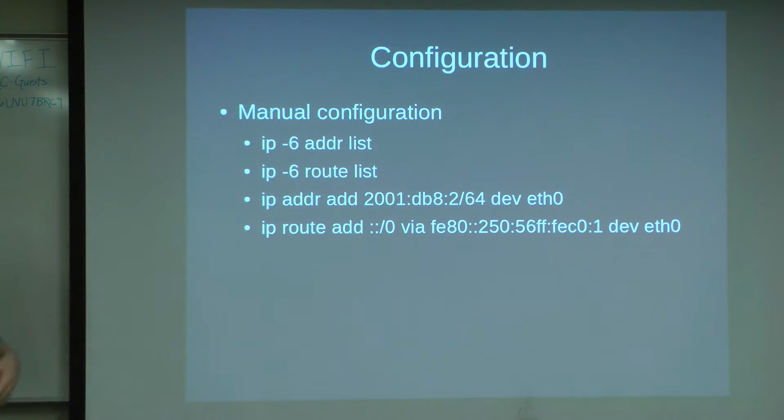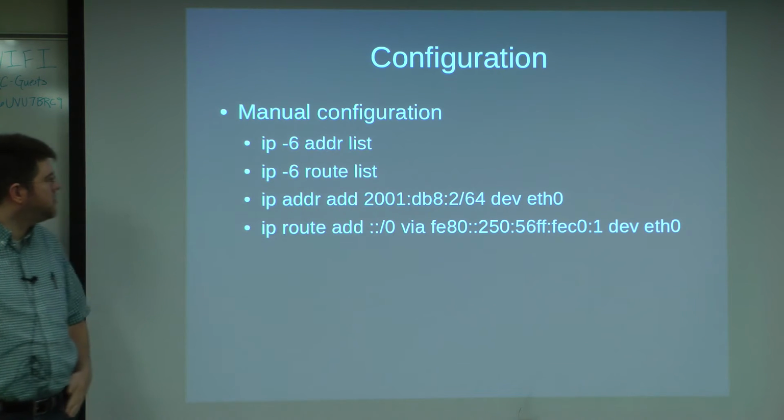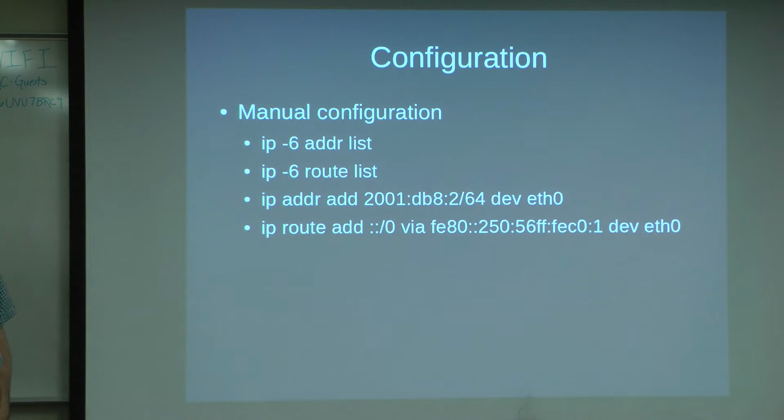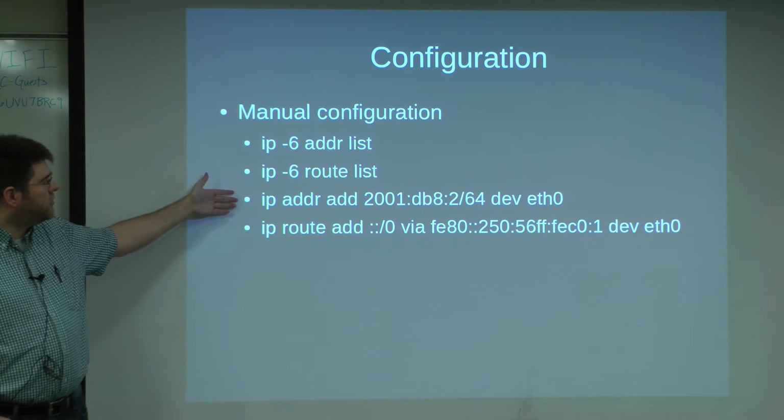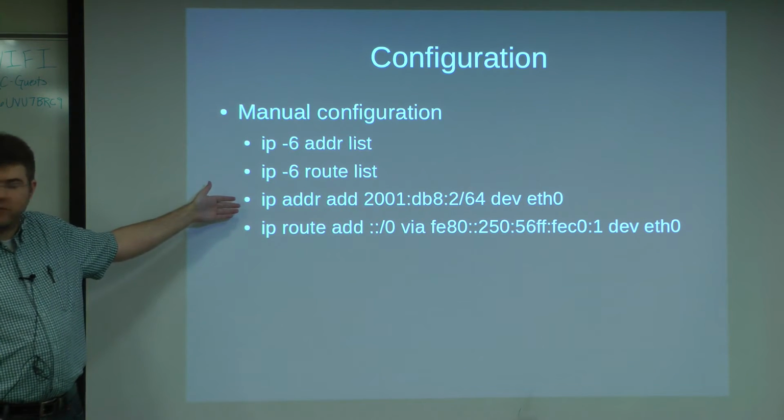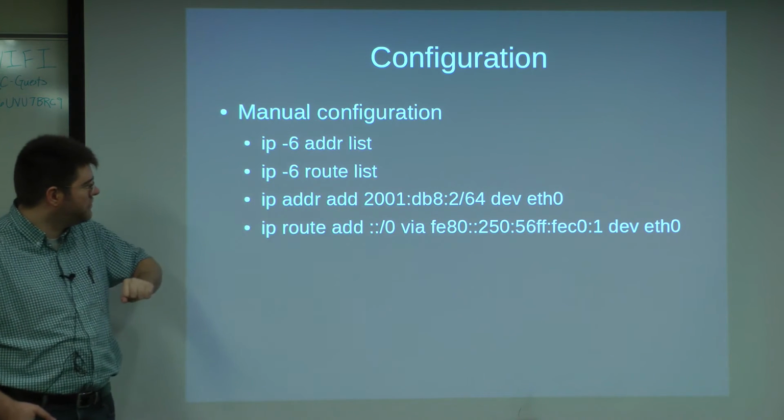To specifically see your IPv6 addresses, you can add just a -6 option into your commands, and it will only show you information related to v6. Adding an IPv6 address to an interface is the exact same as it would be for IPv4, except you're just changing which address you define.